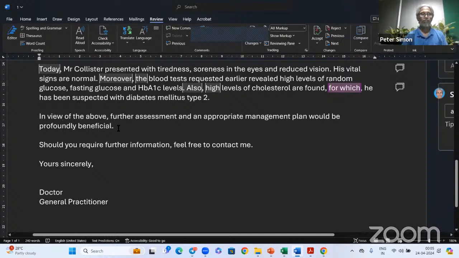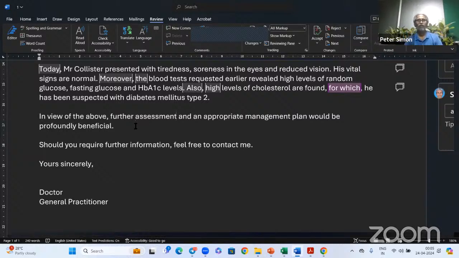In view of the above, further assessment to confirm the preliminary diagnosis.